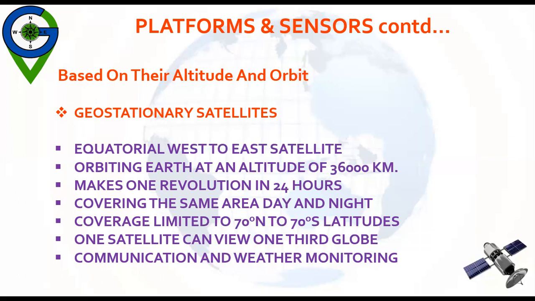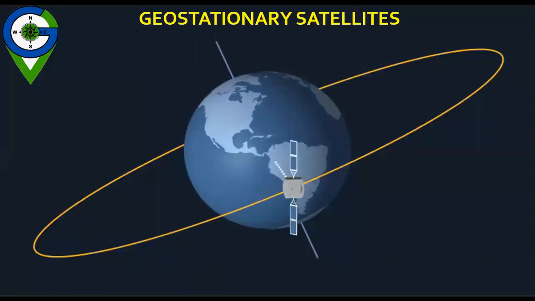And always remember, one satellite can view 1/3 of the globe. So these geostationary satellites are commonly used for communication and monitoring purposes.